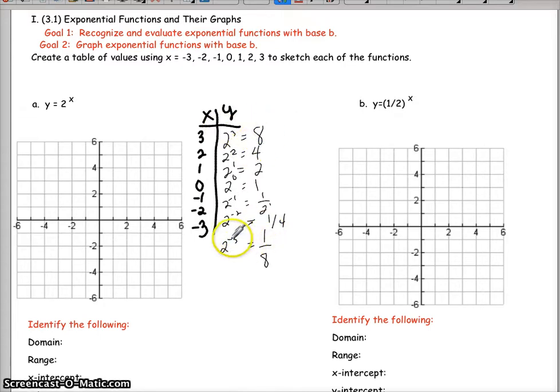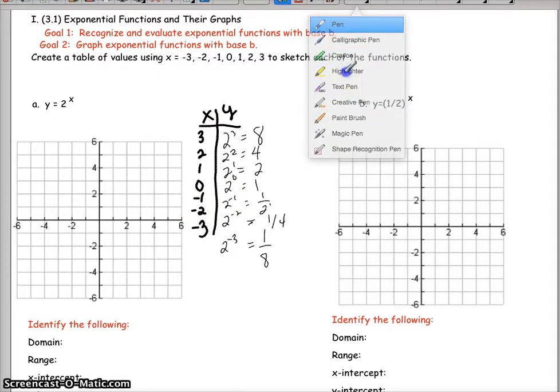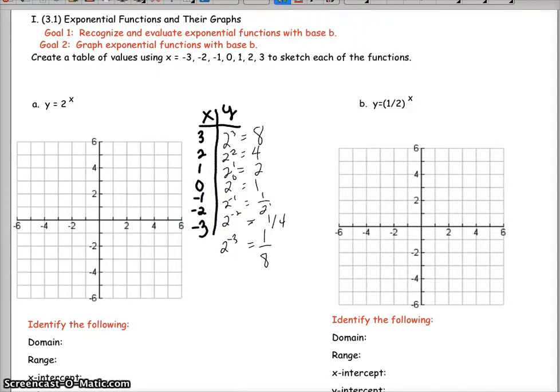Okay, we could continue to use other integers, -4 and 4, -5 and 5, but I think we have enough points for our purposes. So let's plot these points on our coordinate plane. Right 3, up 8 doesn't quite fit on our coordinate plane, but we can estimate.